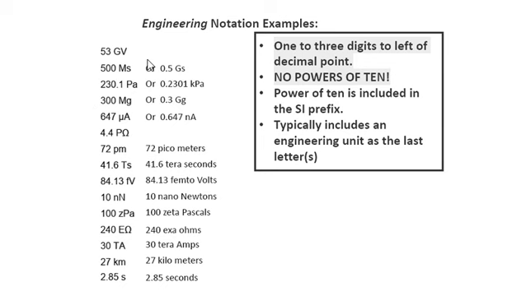No powers of 10. We don't have any powers of 10 like in scientific notation. Right now we're using the SI prefixes. So they are all letters, and they have a particular name, and all these letters and names you can get from the tables. Typically they include an engineering unit as the last letters.